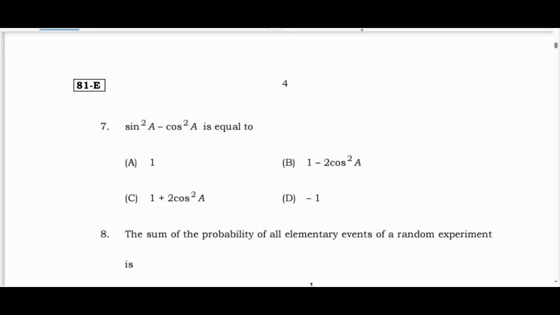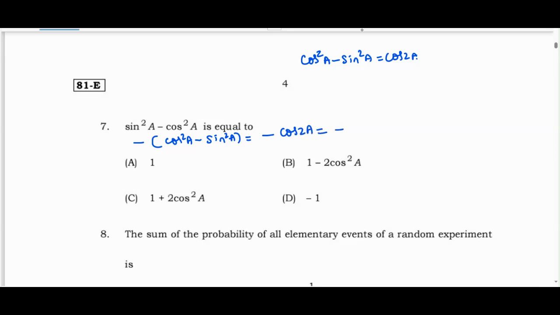Seventh one is sin square A minus cos square A. We know the formula cos square A minus sin square A equals cos 2A. So I'll take the minus sign out, and it becomes minus of cos square A minus sin square A, which is nothing but minus of cos 2A.